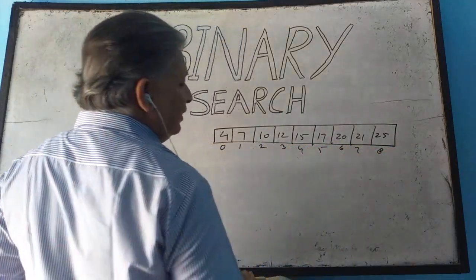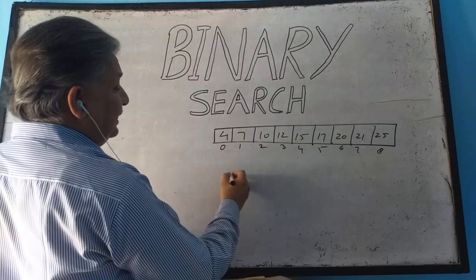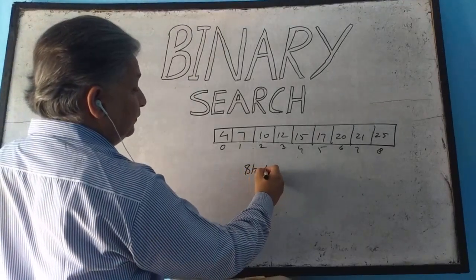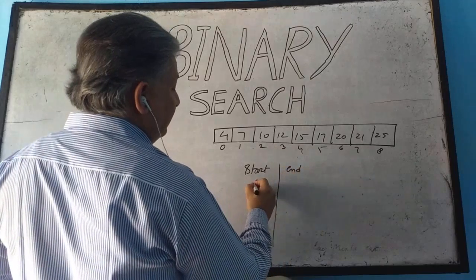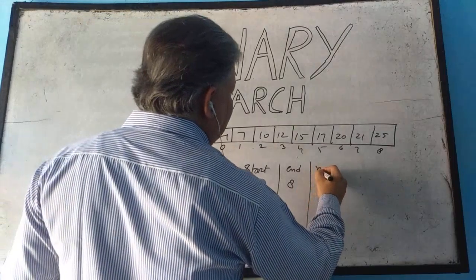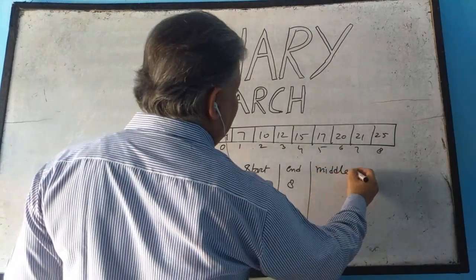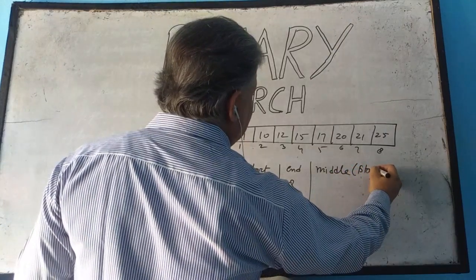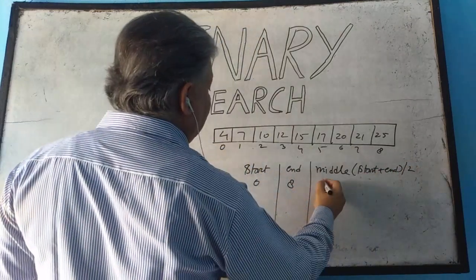It has 9 elements. So 0 is the starting and 8 is the ending. From the start and end, we can find the middle. That is start plus end divided by 2. It will come to 4.